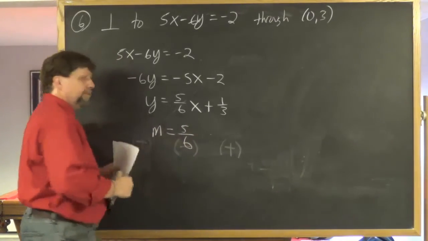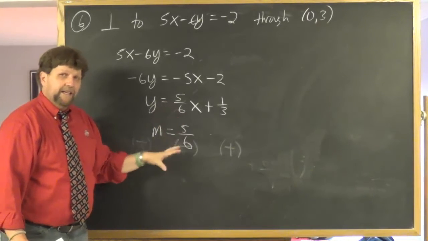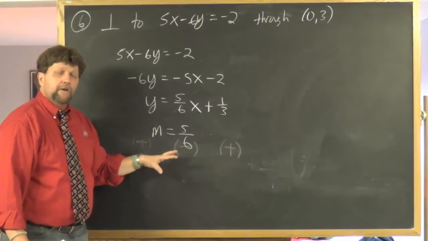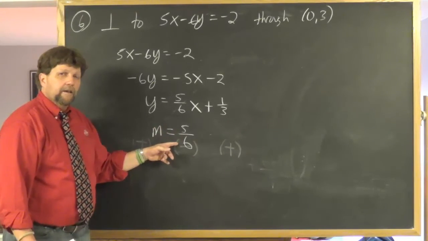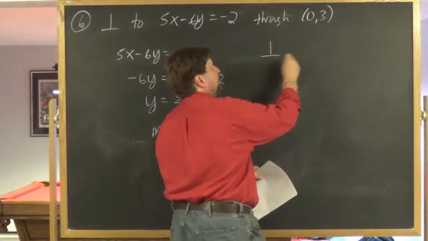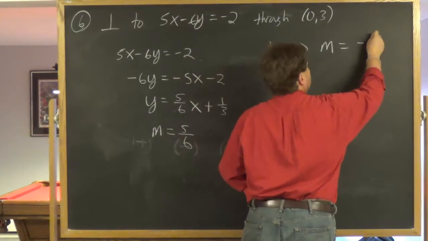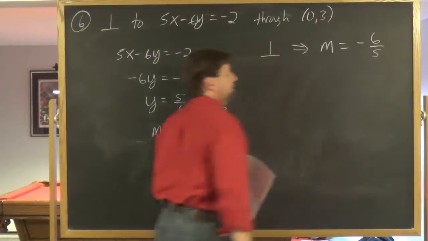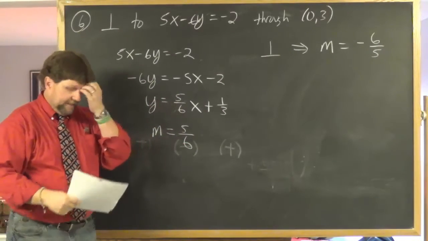Well, if the slope of this line is 5/6, any line that's perpendicular to it must have a slope that is the negative reciprocal of this line. So a line that's perpendicular must have a slope of -6/5. See, take the reciprocal, and then take the opposite of it.